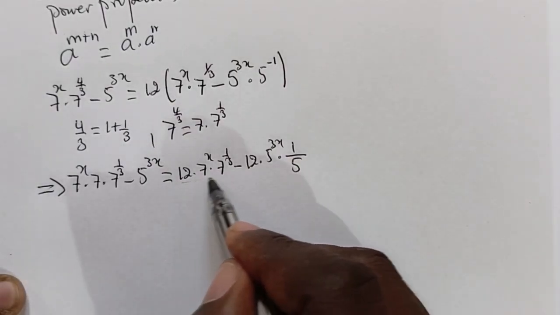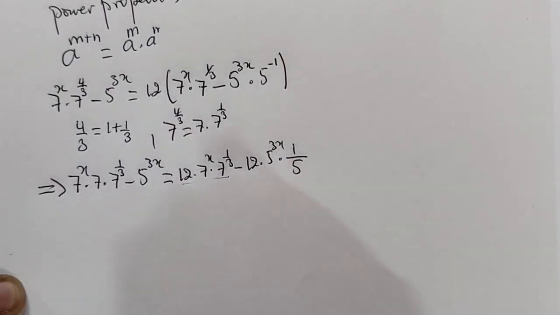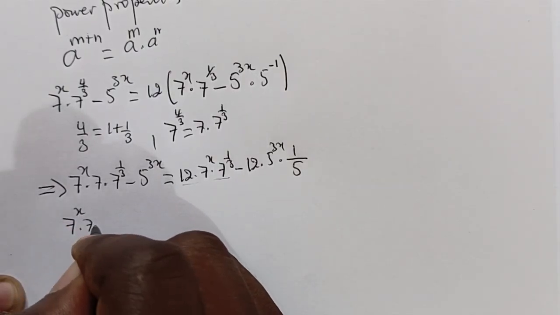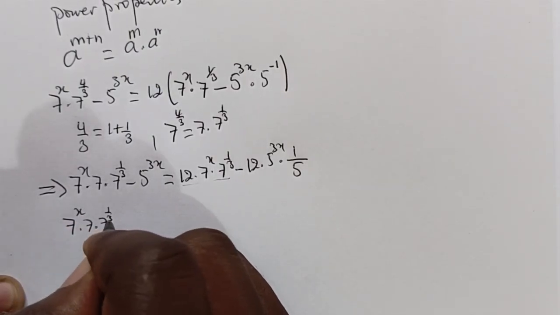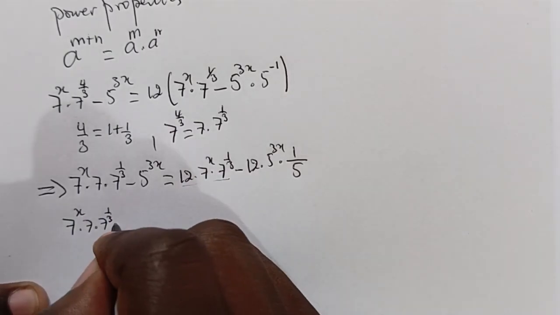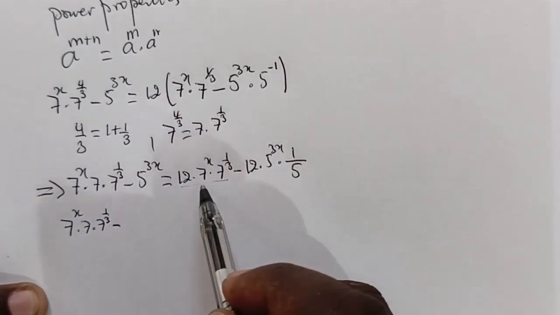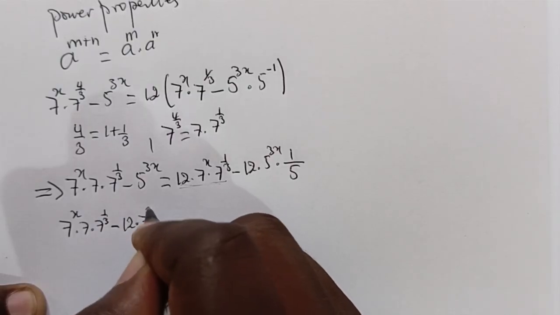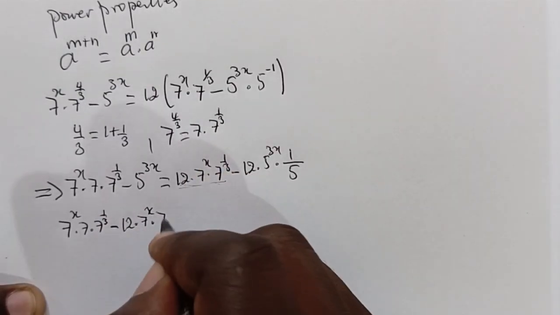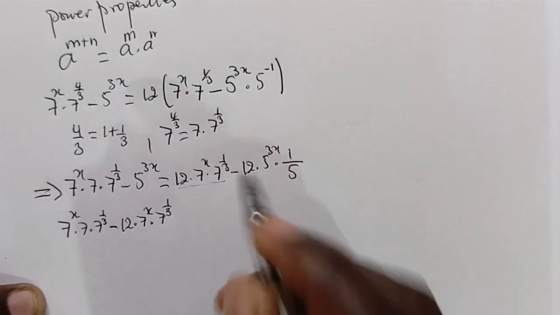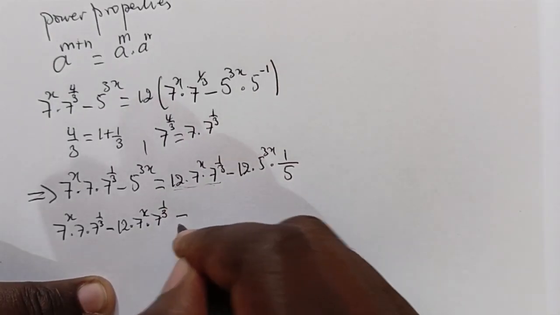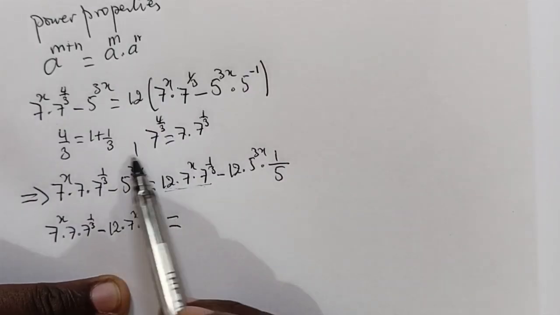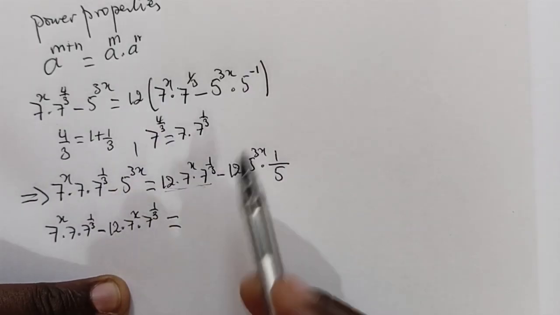Now, I need to shift this to take it at left. This is 7 raised to x times 7 times 7 to the power of 1 over 3 minus this one, it's 12 times 7 to the power of x times 7 to the power of 1 over 3, and this will be equal to, I'll be shifting this minus 5 to the power of 3x to the right.